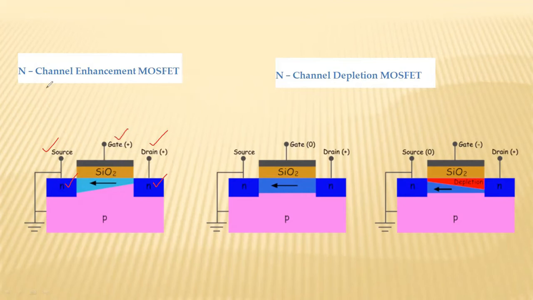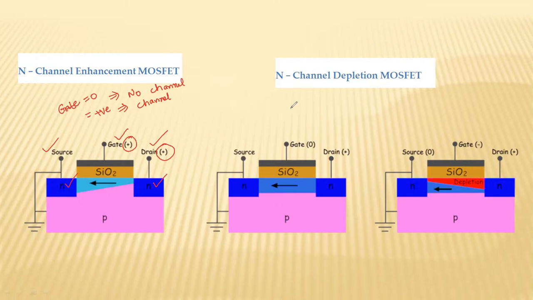In the N-channel enhancement mode MOSFET, the voltage between gate and source is positive, and the voltage between drain and source is also positive. There is no channel without applying any voltage at the gate. That means if the gate voltage is 0, no channel will be there. The channel is induced only when we apply positive voltage at the gate, which causes the current to flow in the N-channel enhancement mode MOSFET.